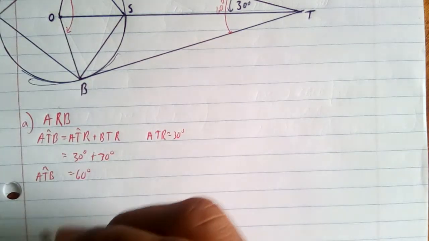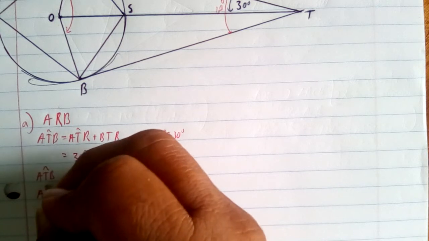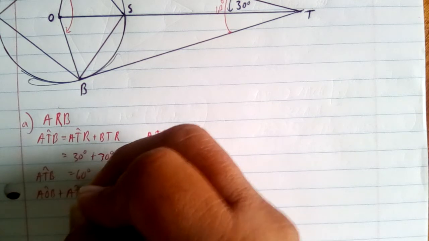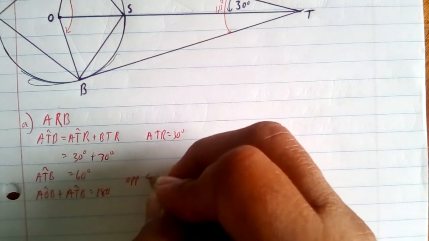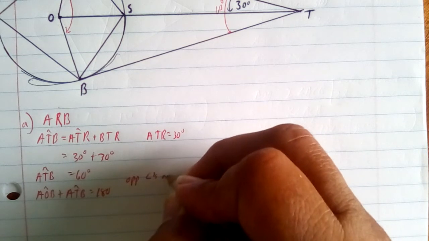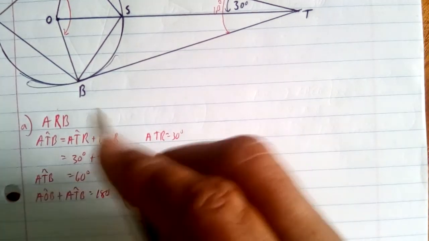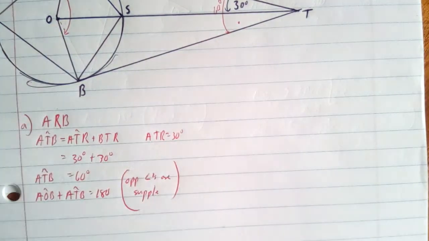So we say AOB plus ATB equals 180. Opposite angles are supplementary. Please take note which two opposite angles. We're not speaking of this one and this one, we're speaking of this center one.